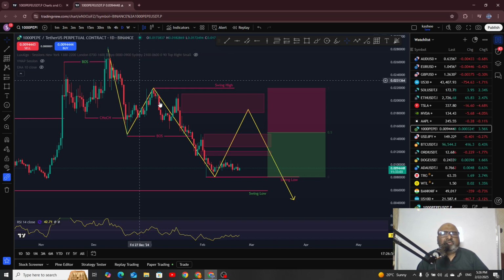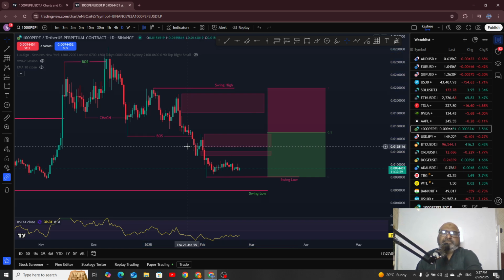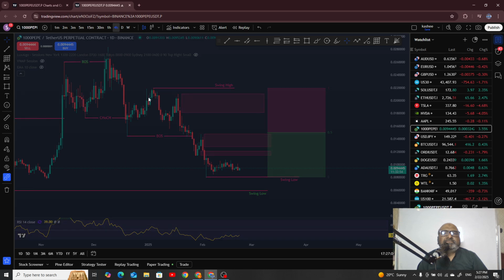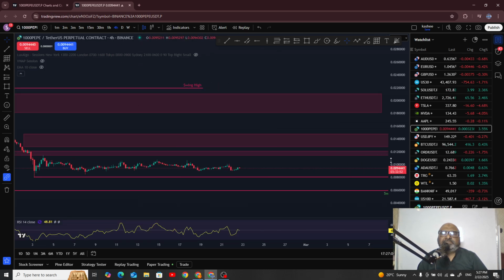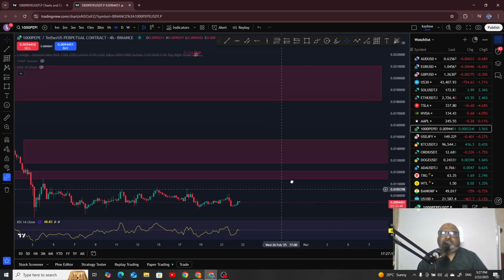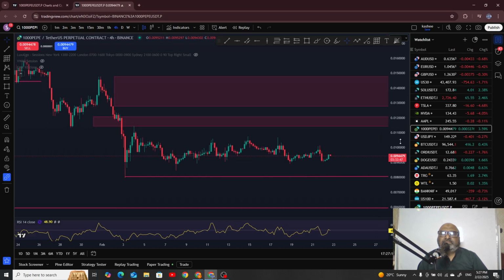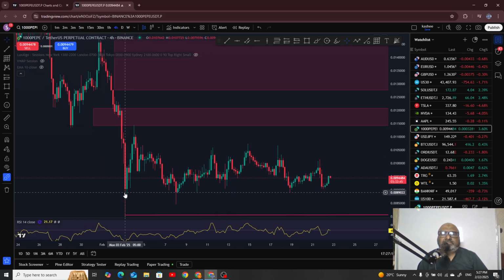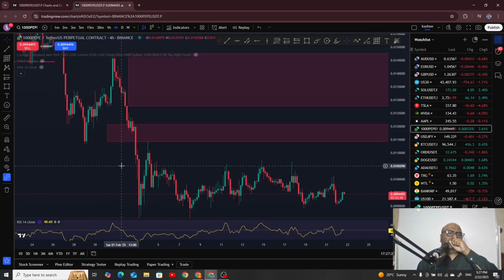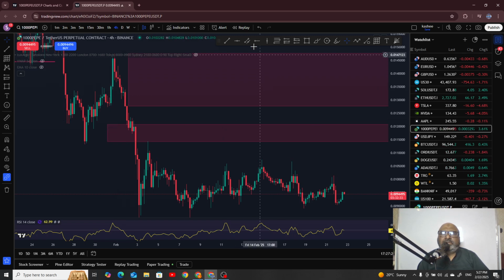Let's go to 4 hours time frame and let's see what is happening there. 4 hours is telling us that market is in downtrend. Let's mark the structure.